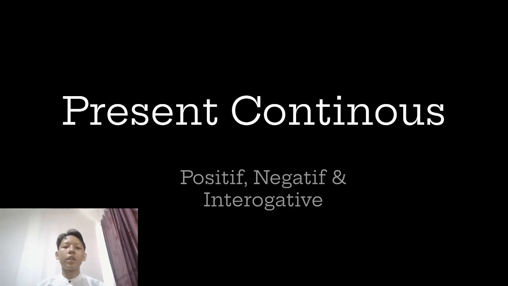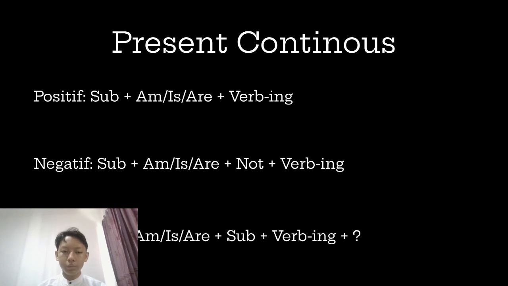Okay, so the second, I will tell you about the formula of the present continuous. You can see here for the positive, the first is subject, and the second is to be, like am, is, or are, and the last is verb ing.